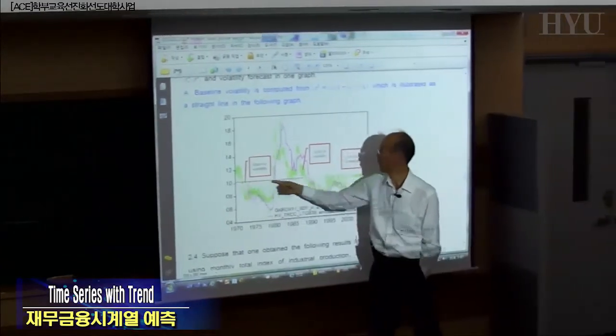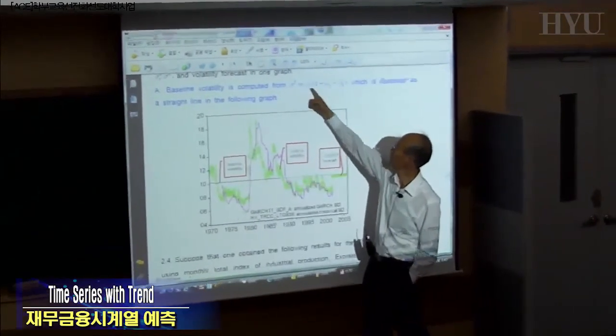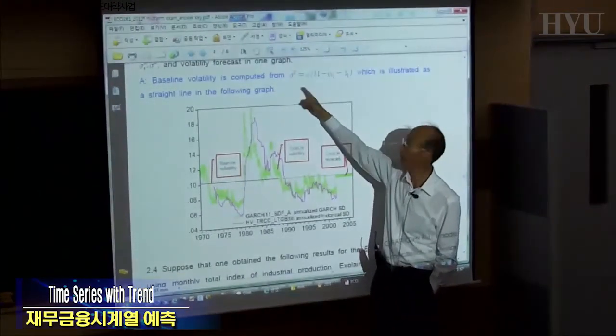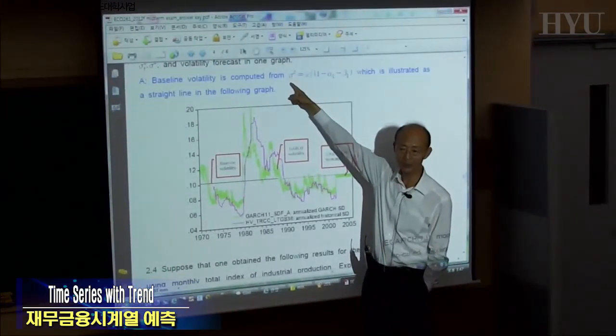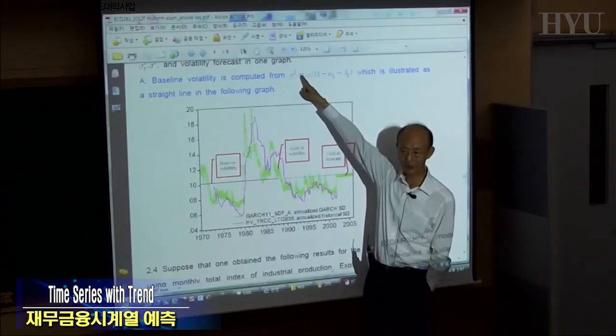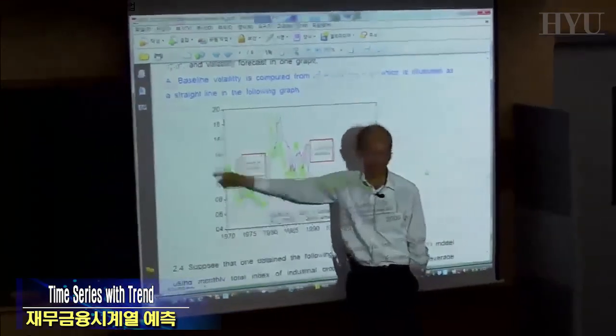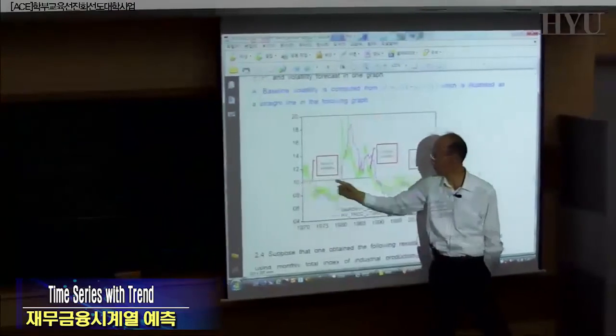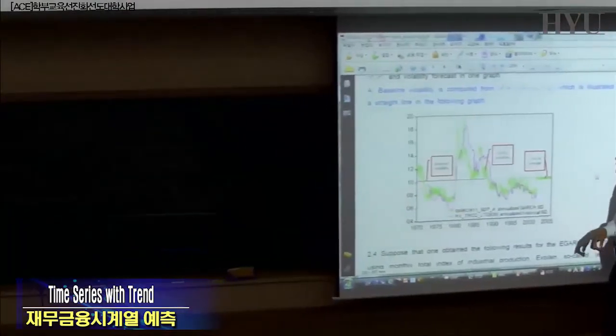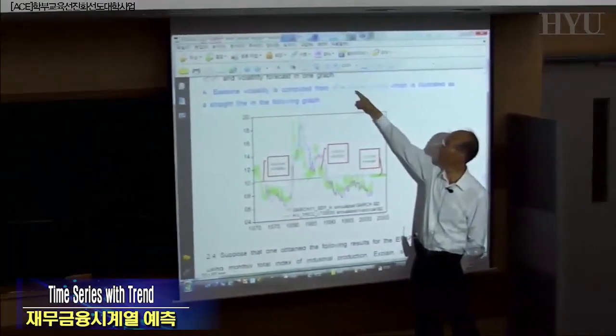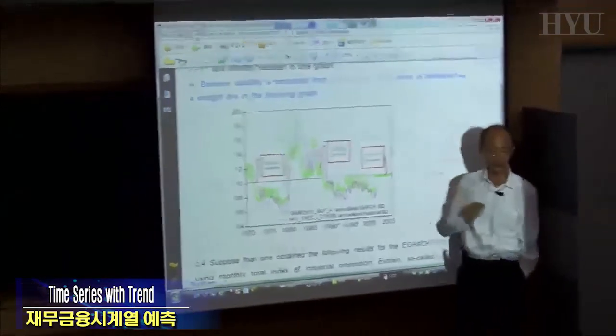And this horizontal line is the one computed from this formula, annualized and taking the square root. So same unit, right? So this is the flat one: the intercept term divided by 1 minus the two coefficients.